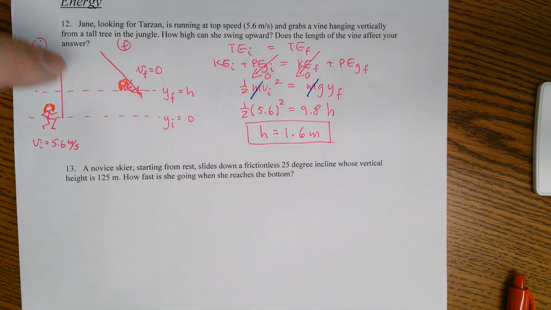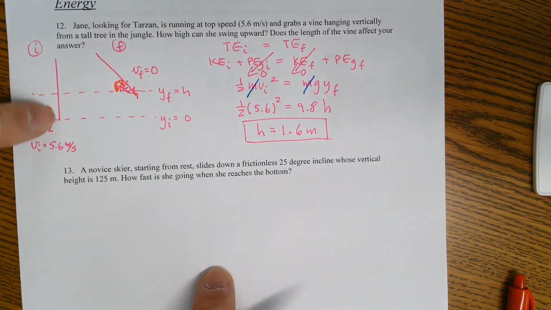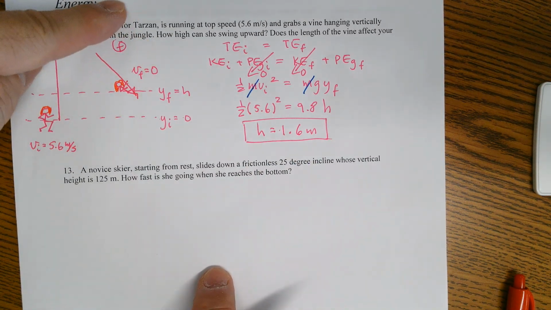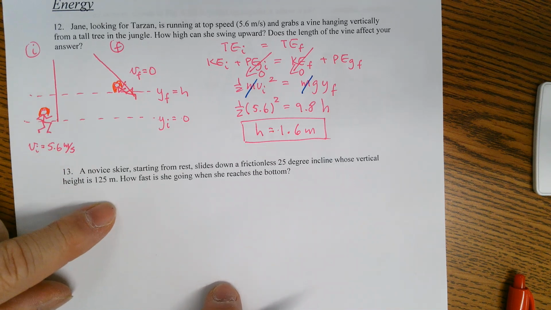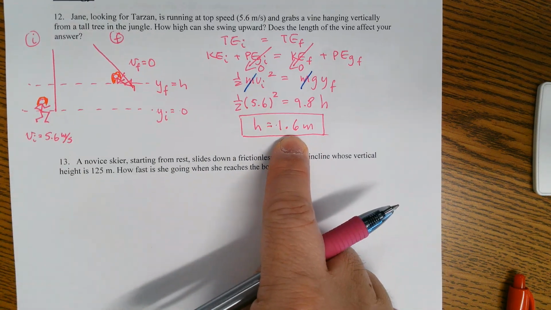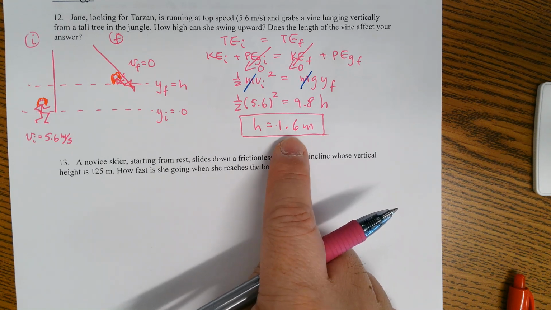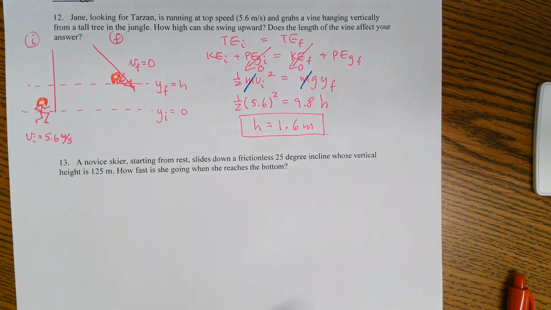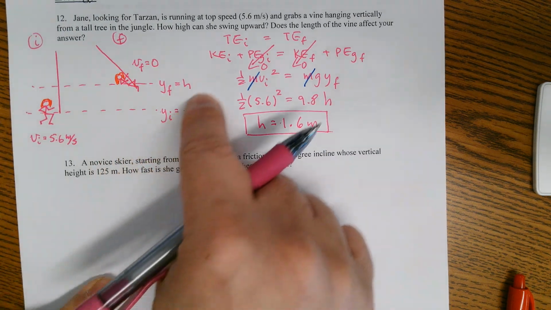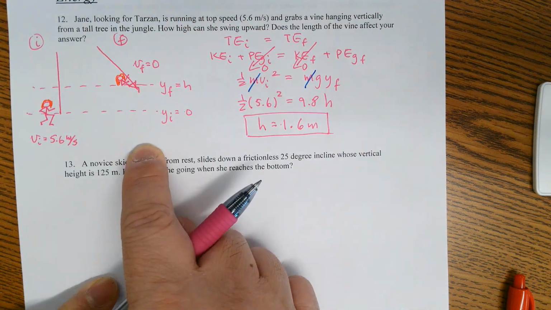If the length of vine is a meter, and she's going to reach up to 1.6, she's going to go up way over and then come back down. What if the length of vine is less than 0.8 meters? What would happen then?